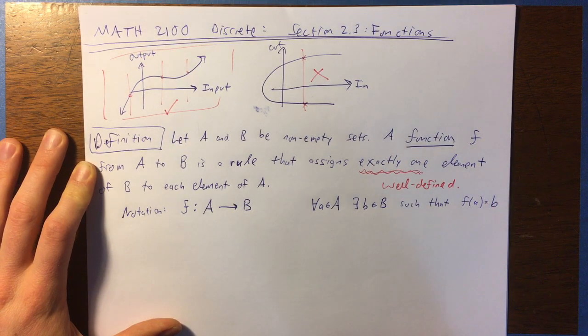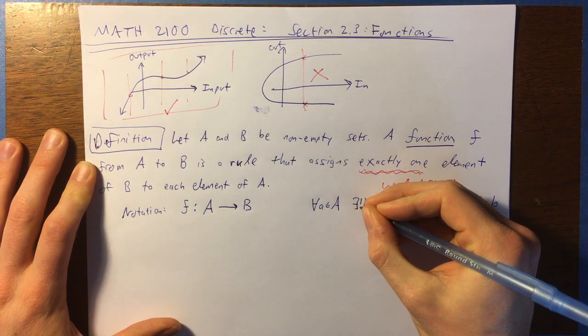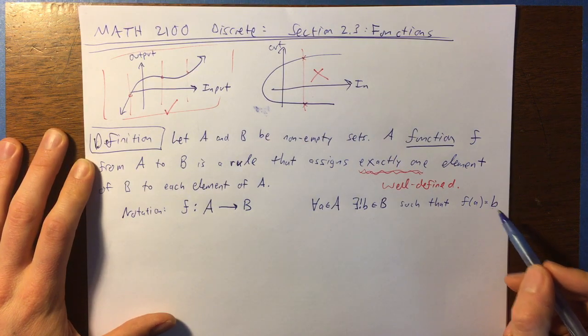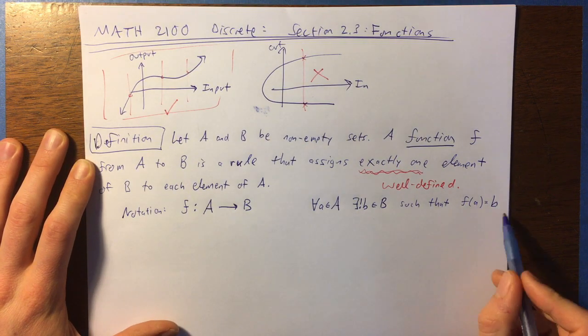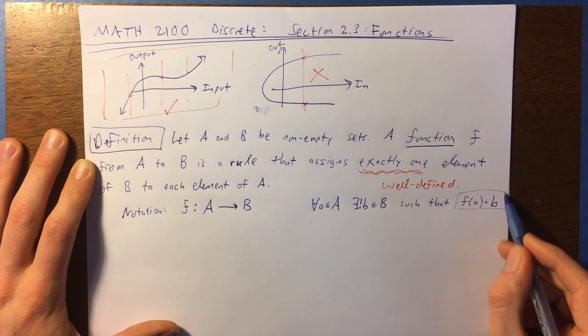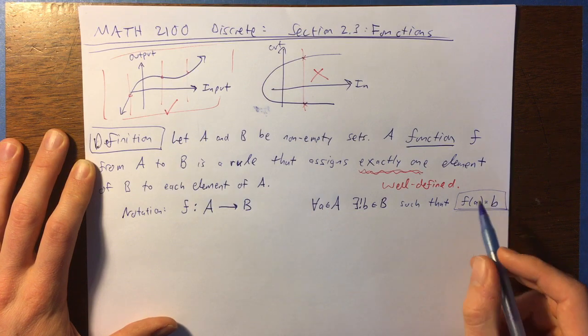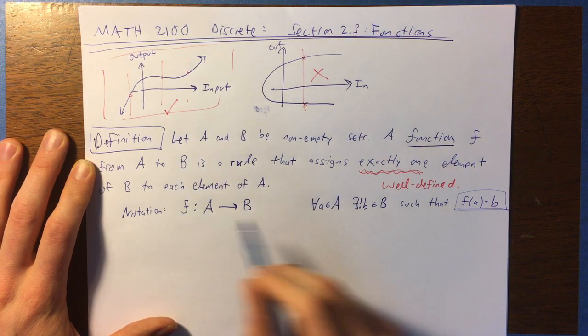And I could say there exists a unique b in capital B, such that f of a equals b. And this introduces this notation, which I think will be quite familiar from your other math classes. f of a equals b is a way of saying if you give the function the input a, the output is b.